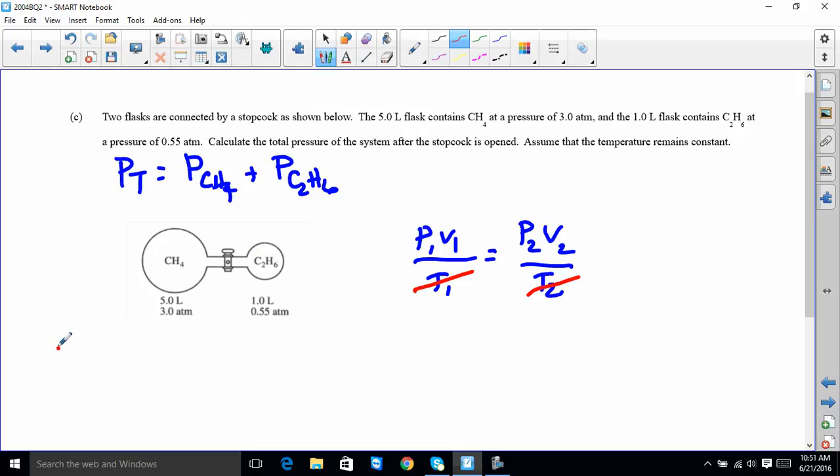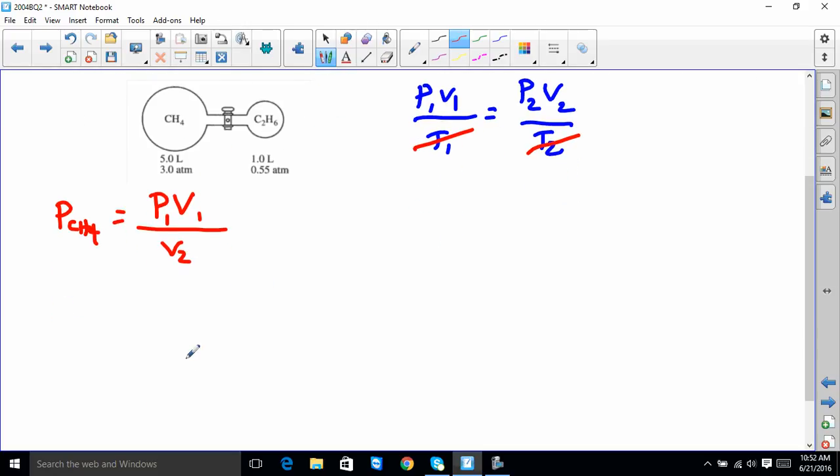And so what we're really looking for is the new pressure after the stopcock is open, and it's kind of fun. So first of all, I'm going to do the pressure of the CH4, this is going to be second conditions, is the pressure in the beginning times the volume in the beginning divided by the volume after you open it. And I'm going to work down because I have to do 2 parts here.